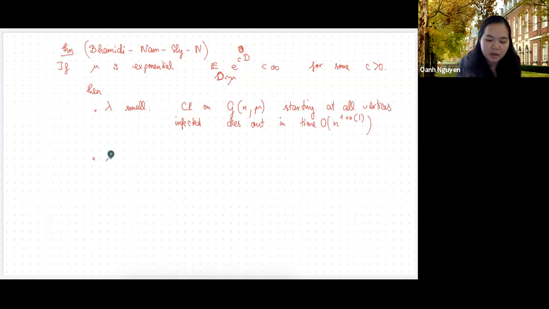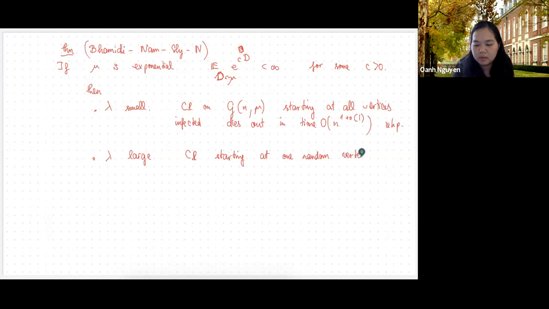This is with high probability. And if lambda is large, the contact process starting with one random vertex infected survives until time e to the theta n with positive probability.